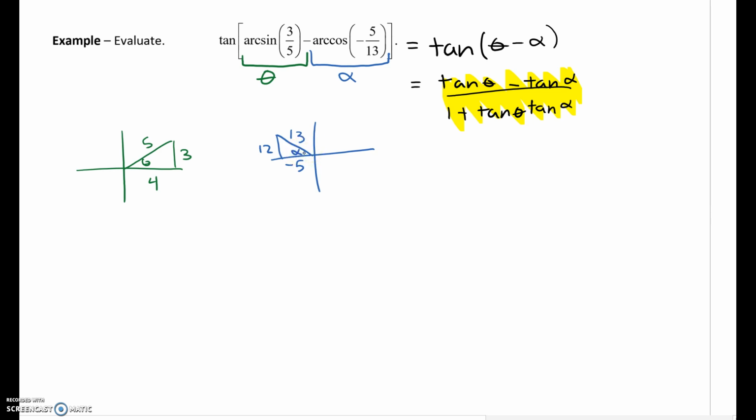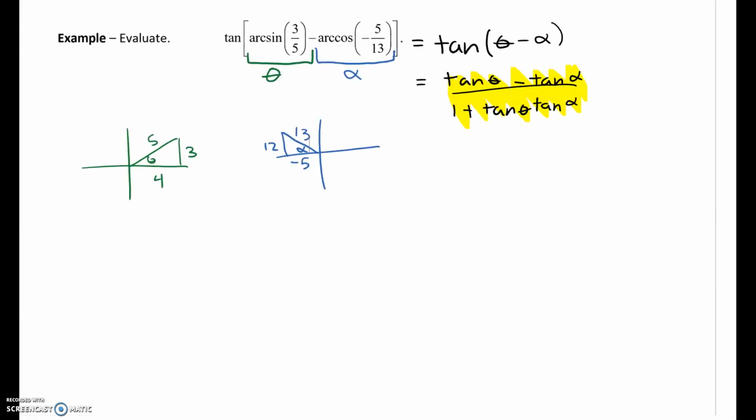So now I need to do the tangent of theta minus the tangent of alpha. So tangent of theta is, we're looking at the green triangle, and the tangent is opposite over adjacent. Sorry, that's blue. Let's go to green.